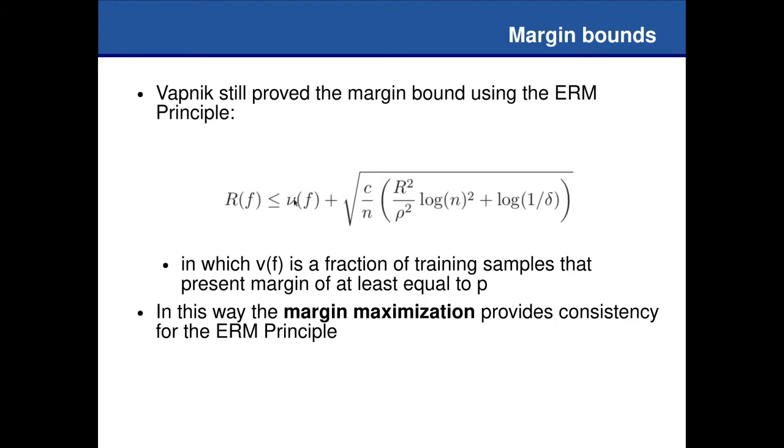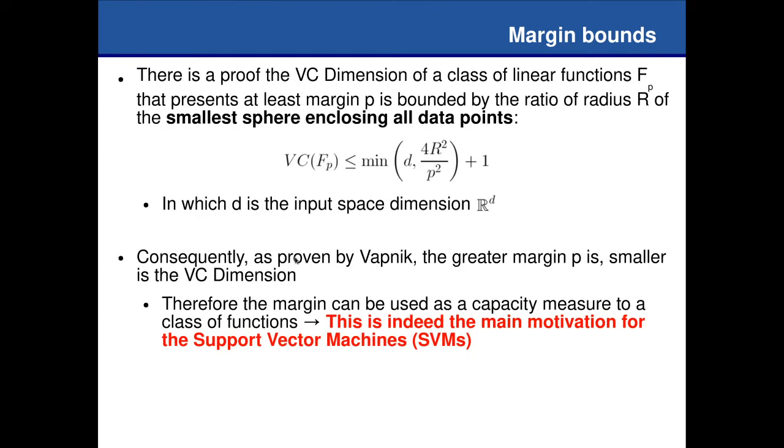You observe that the empirical risk here is represented by a new factor, a new Greek letter. It is the same in this context as the fraction of training samples that present a margin of at least equal to rho or p. That's the same as saying which are the elements that lie inside the margin.